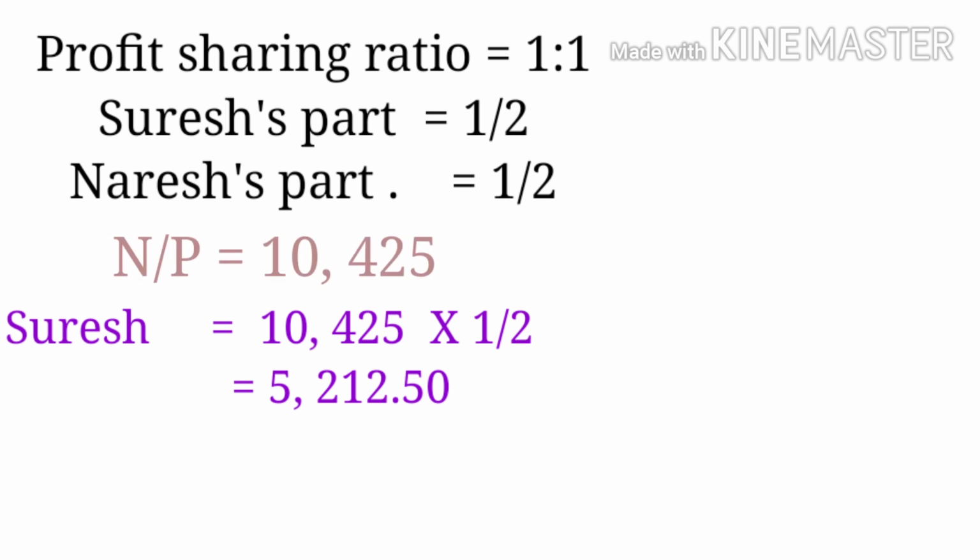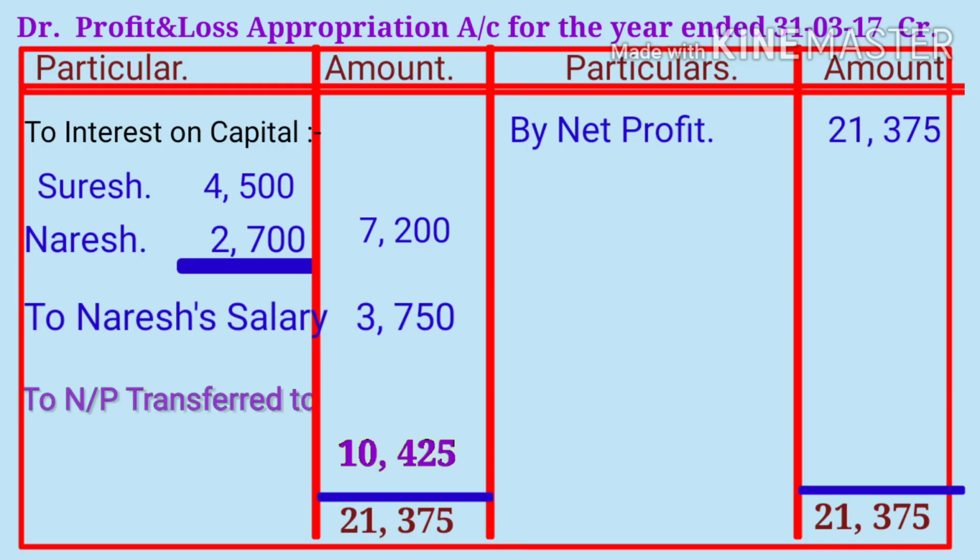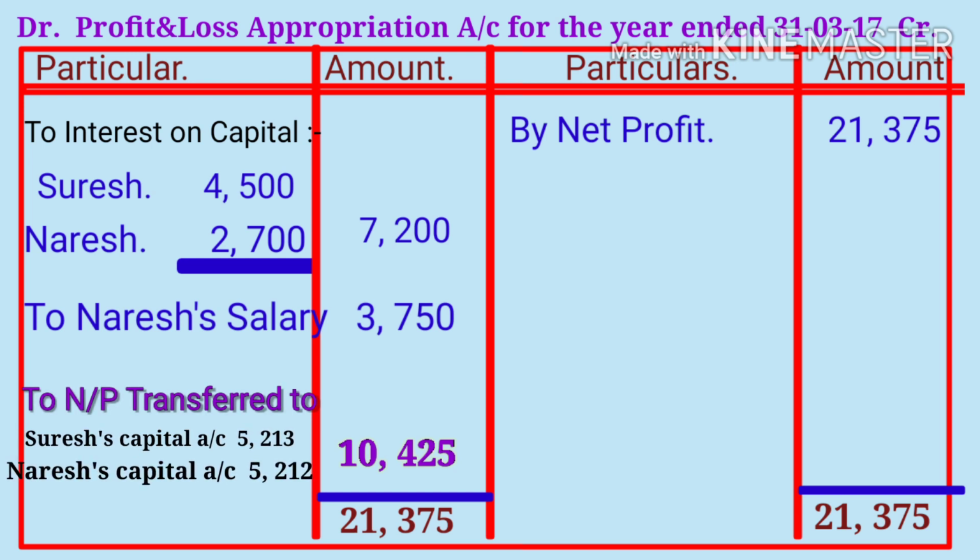Half of this 10,425 will go to Suresh, that is 5,212.50, and half to Naresh, that means 10,425 into 1 by 2, 5,212.50. This we also record in the profit and loss appropriation account: net profit transferred to Suresh's capital account 5,213 and Naresh's capital account 5,212. This is how we prepare the profit and loss appropriation account.